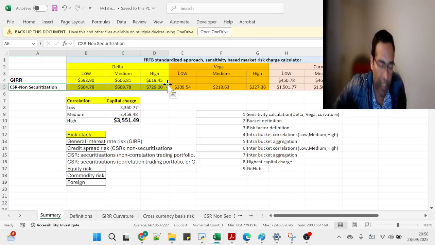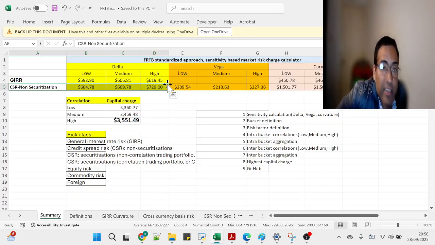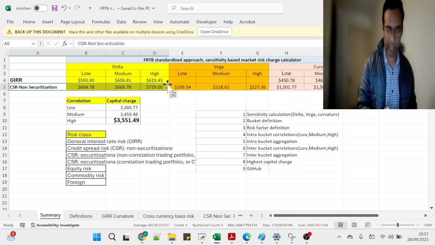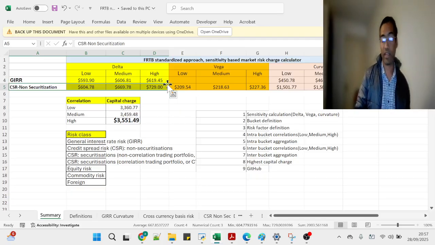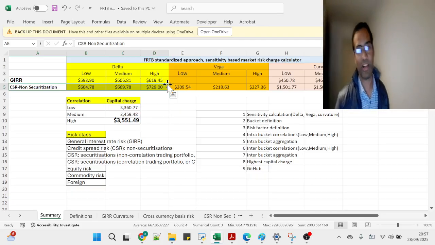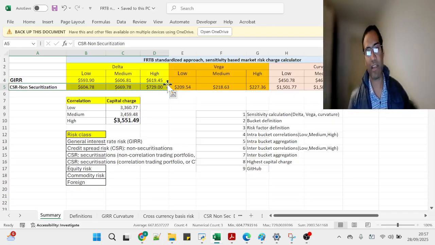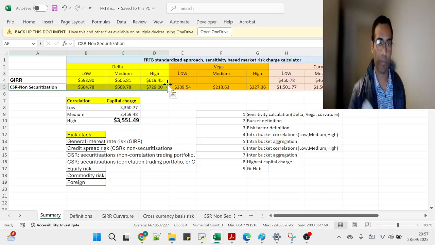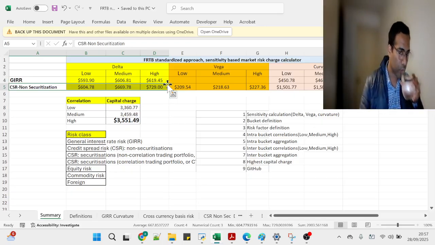Suppose you have a corporate bond, then it has some credit spread embedded in it. That credit spread will cause some risk. It can go up and down, obviously. The credit quality of that corporate issuer can go up and down, and that will increase or decrease the value of the bond.